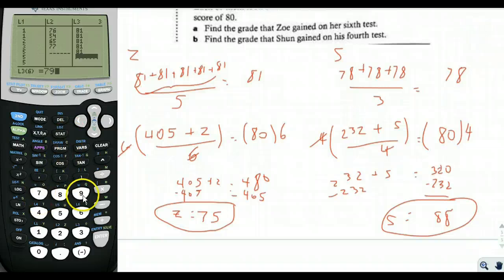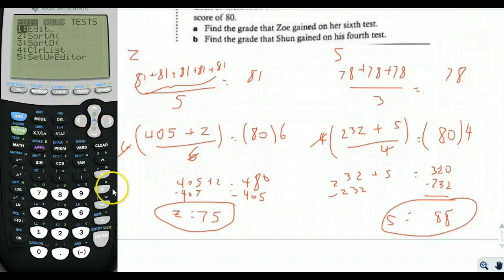So I could guess 79 first because I know it would have to be a number that's less than the new average, and then I'll go stat, calc, and put in L3 because I put the scores in L3. And it gives me an average of 80.66. It's not down to an 80 yet.